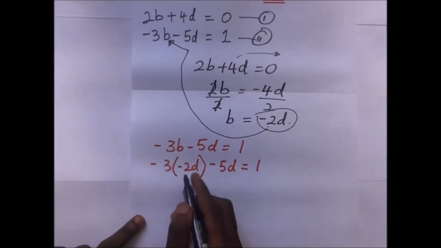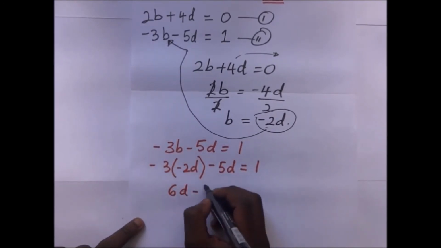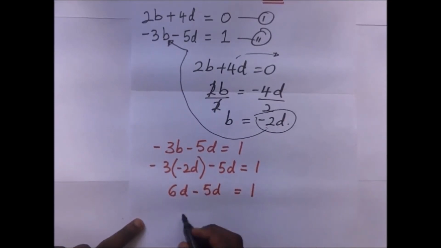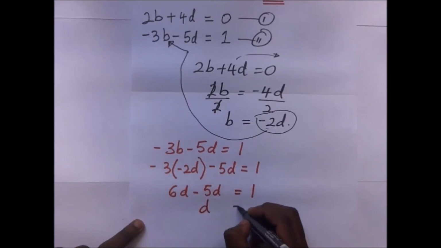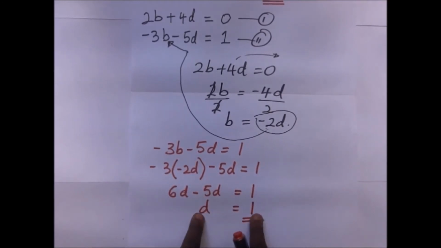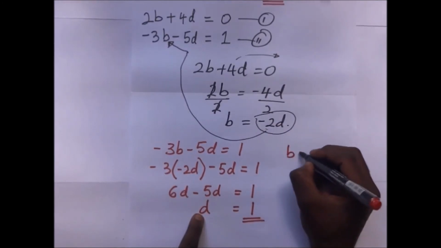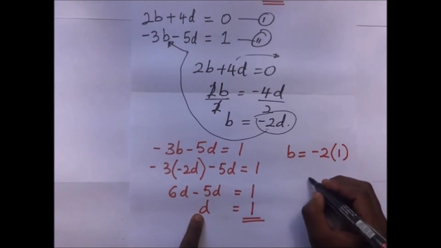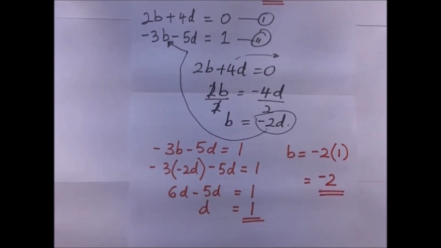Negative 3 times negative 2 is positive 6. 6d minus 5d is equal to 1. And then 6d minus 5d is d, so d is equal to 1 as our answer. Since we have our value of d as 1, we can also get our value of b by substituting here. Our value of b is negative 2 times d, which is 1. This is going to become negative 2 as our answer.